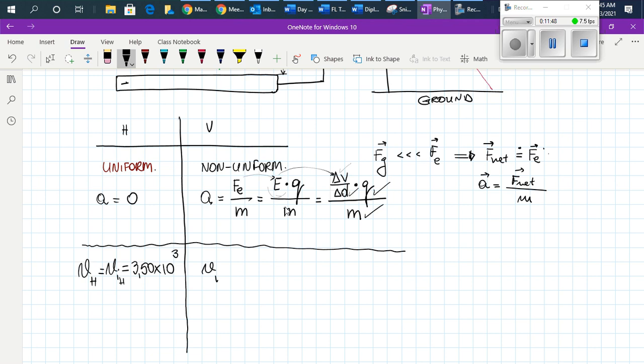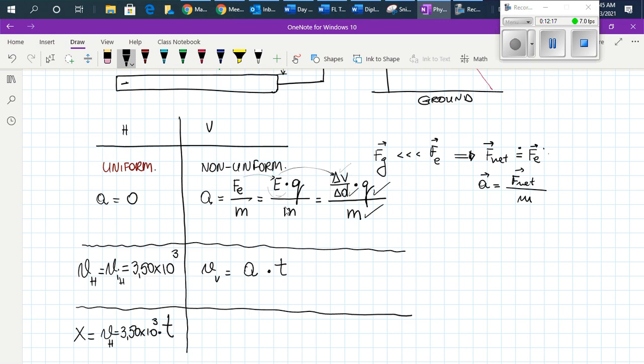And the vertical will be acceleration times time. Okay. And now the displacement in the horizontal will be the horizontal component, 3.50 times 10 to the power of 3, times time. And y will be 1/2 times acceleration times time to the power of 2.